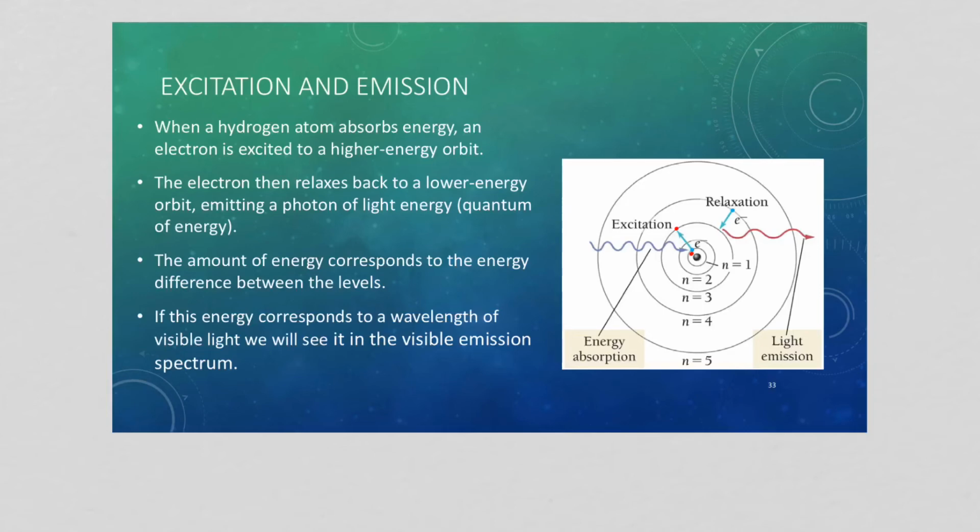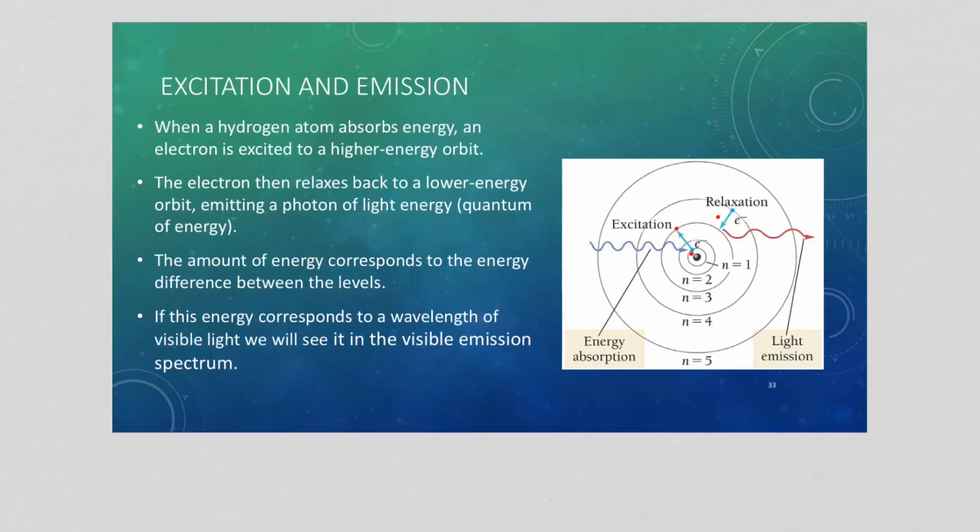So that electron can relax from, say, 3 to 2, or if we look at one over here, an electron that's excited up to 4 could relax down to 3. But the bottom line is, however far it relaxes, that's a specific amount of energy, because remember, each of those distances represents an energy.